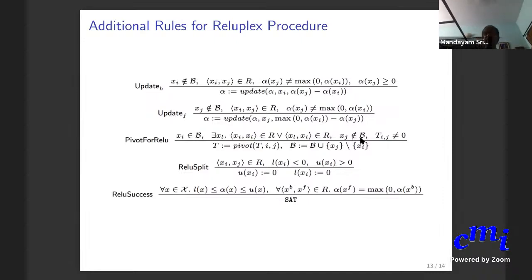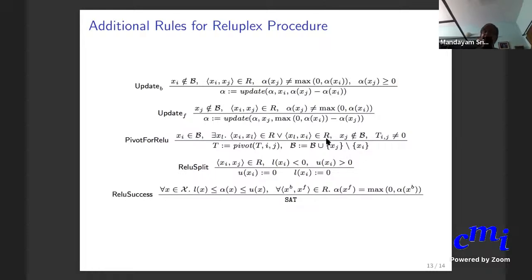Whether they are the same pair or any other variables that are not necessarily part of the ReLU pair. So this allows you to break out of the situation where both the forward and backward variables corresponding to a broken ReLU node are basic. So then you can pivot it.